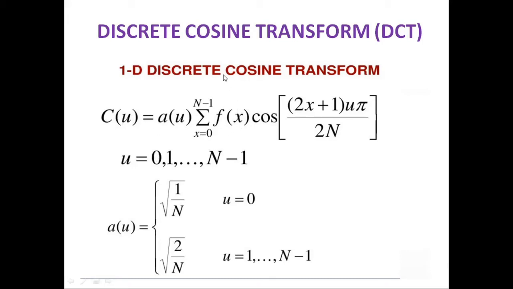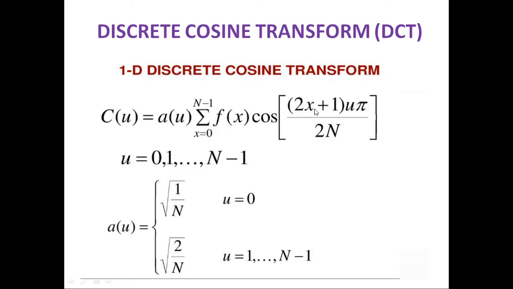So this transform converts an N point signal into an N point DCT domain signal. The u is nothing but a frequency variable. This kernel cosine function is a function of the signal variable x and the frequency variable, that is the DCT variable u.